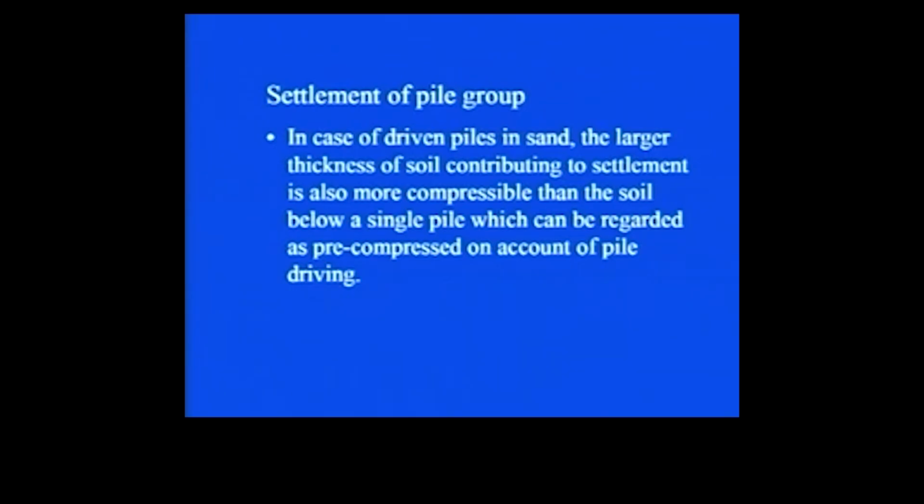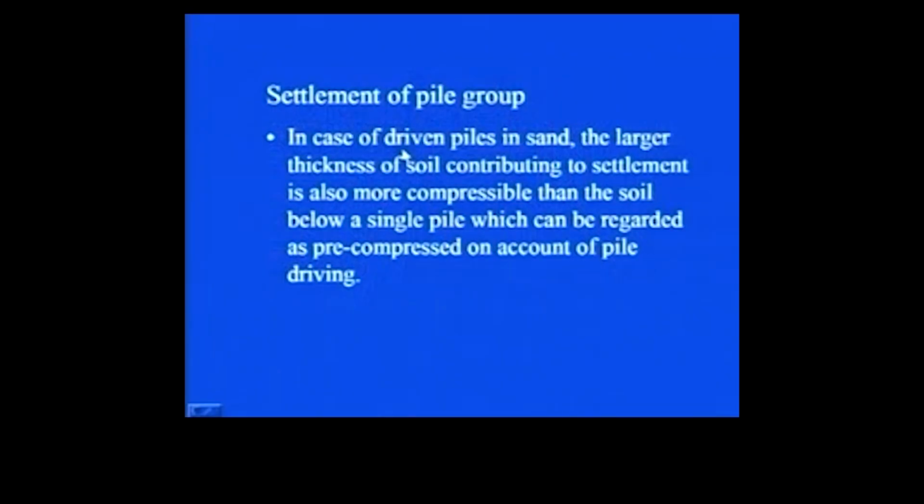However, what happens in case of a group of piles? Although it will be compressed within the group, if you see that group overall, the compressibility of the soil is quite high. That means it is highly compressible as compared to a single pile, which gets compacted while driving the pile.